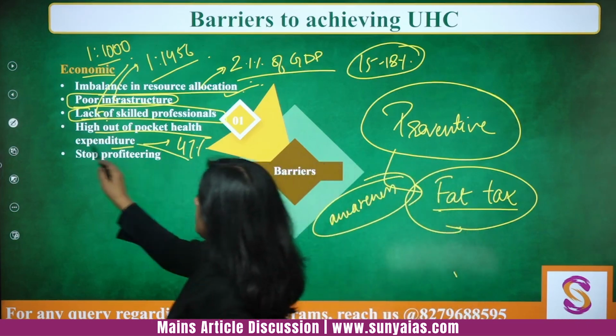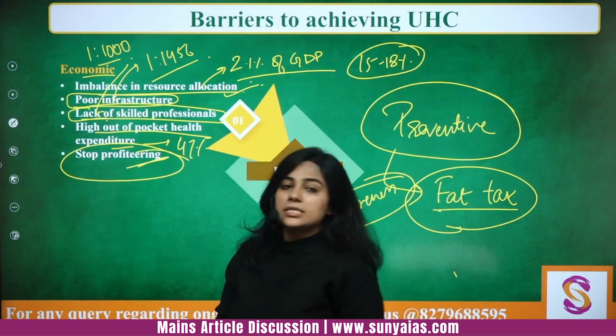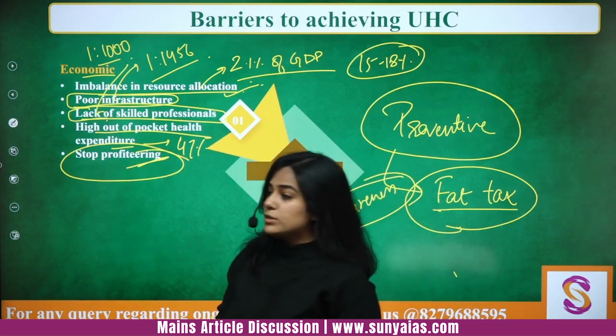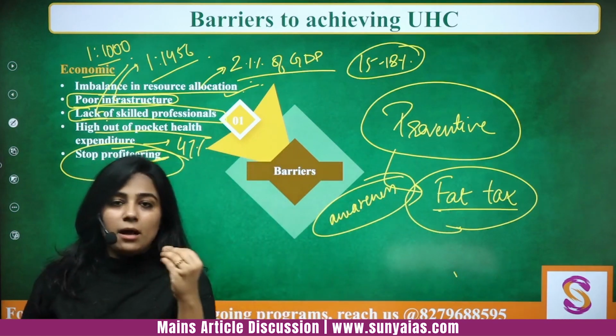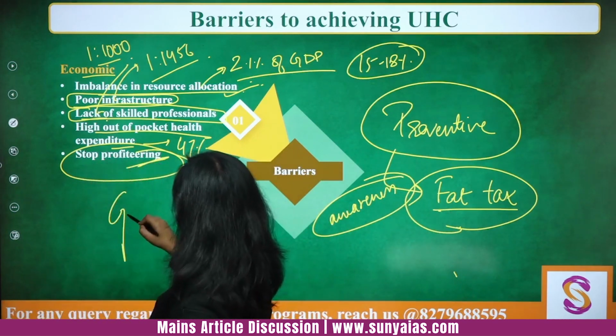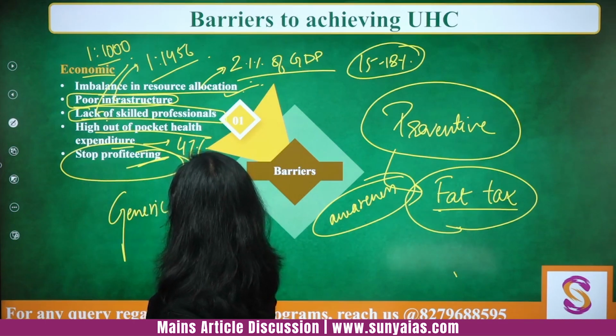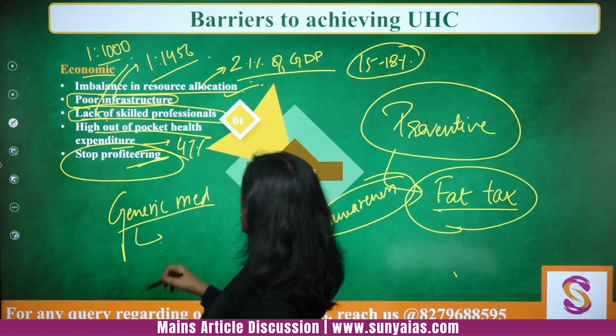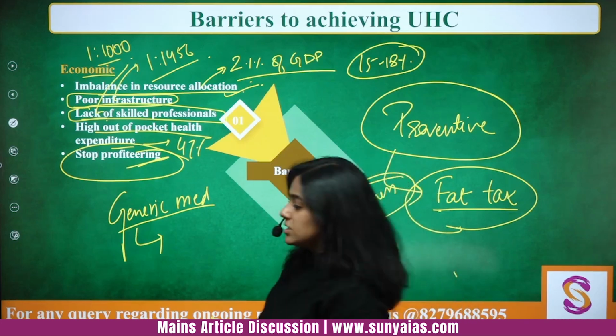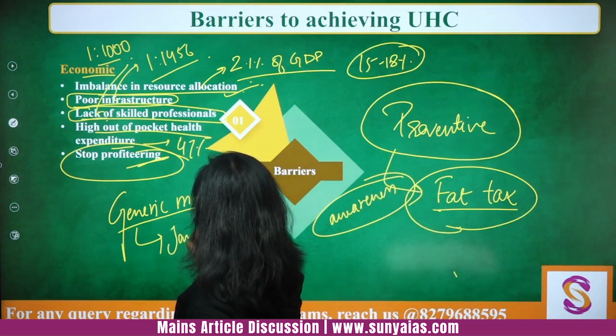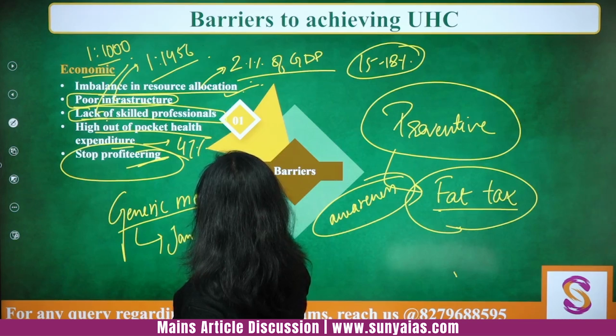And profiteering is a very important aspect, because अभी हम generic medicines की तरफ भी जा रहे हैं. Going towards generic medicines through Bharatiya Jan Aushadhi Yojana. What is this?